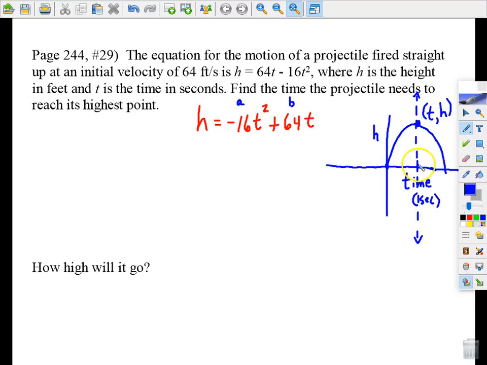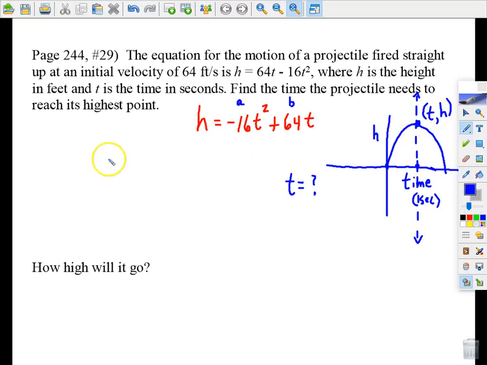Usually we say x equals a certain number. Well, in this case, that's t equals a certain number. So the answer to the AOS, t equals some number, is going to tell us how much time it takes in seconds for this projectile to reach its maximum height.